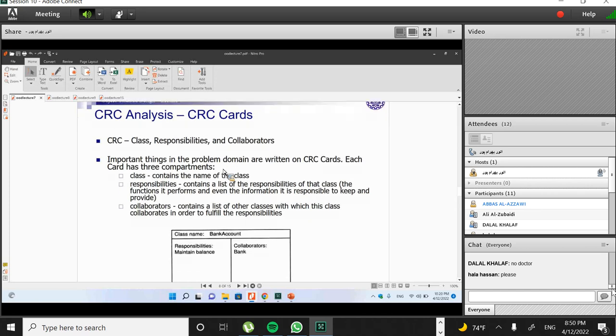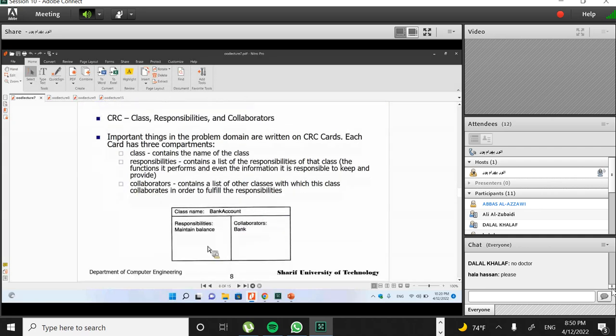We should make some CRC cards in this form. For each important thing, we should allocate one of these CRC cards.